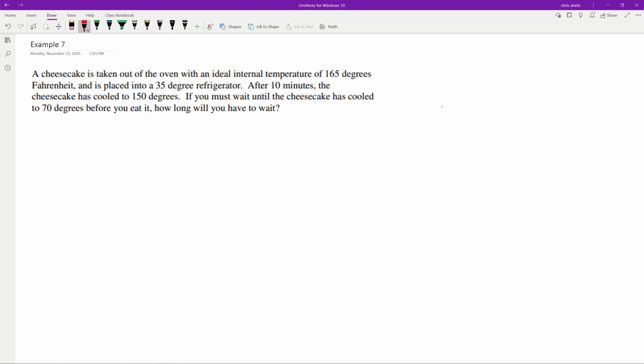Well, since the surrounding air temperature in the refrigerator is 35 degrees, this means that our T sub S in our equation is going to be 35. Our initial temperature was 165 degrees, right? Whenever it comes out of the oven, it has an initial temperature of 165 degrees. So far, with just this T sub S bit of information, I have T of t is equal to A times e to the kt plus 35.